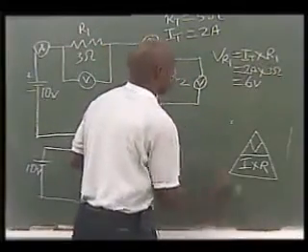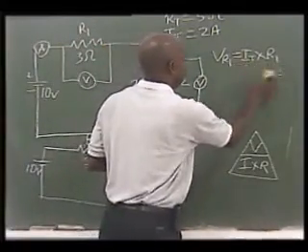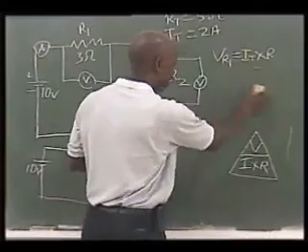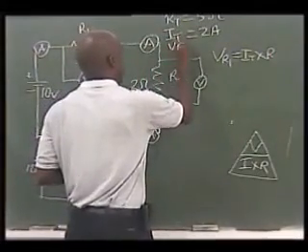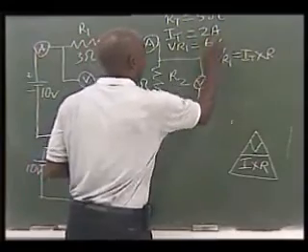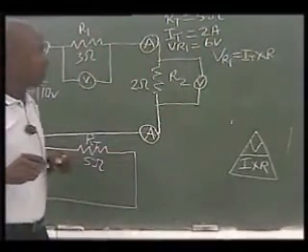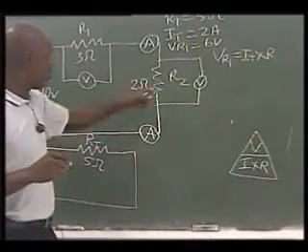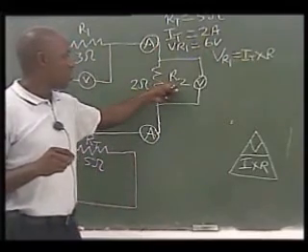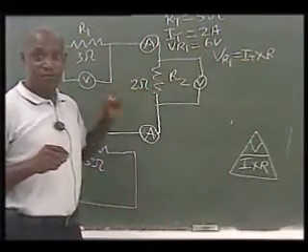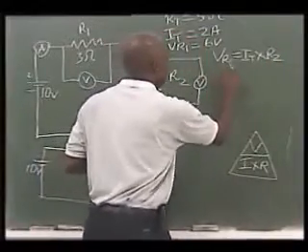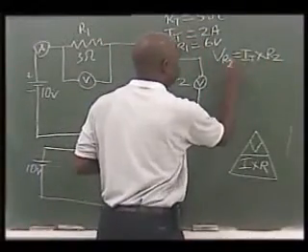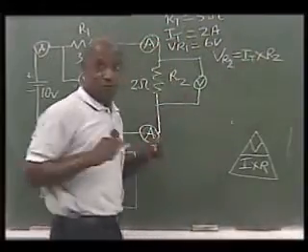So once again, I'm just going to erase this very quickly because we need the space. It's kind of limited. VR1 is equal to 6 volts. Okay? Well, let's go ahead now and find out how much voltage is across this resistor, R2. So it's going to be VR2 is equal to IT times R2.